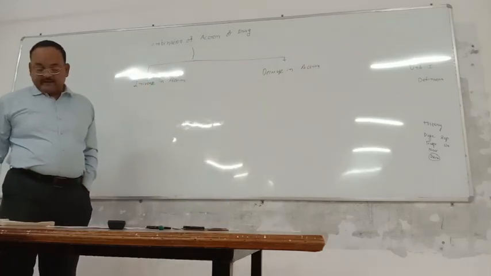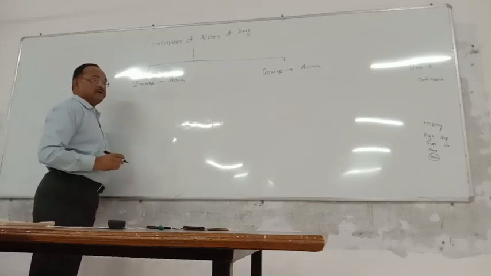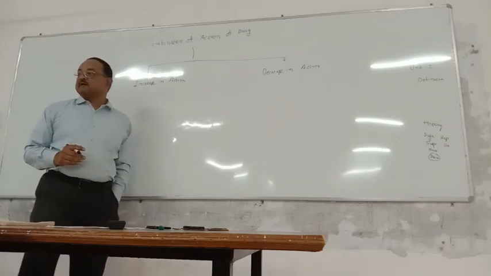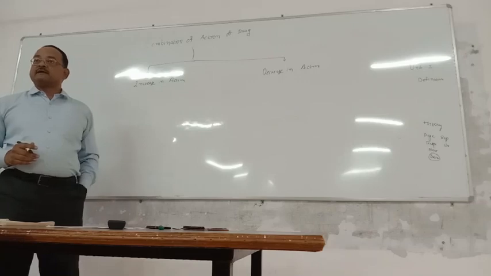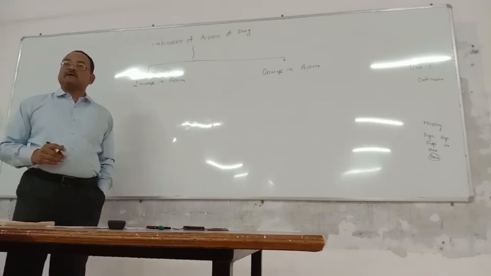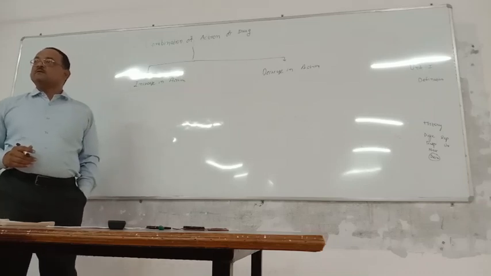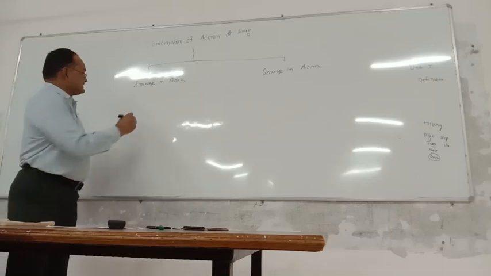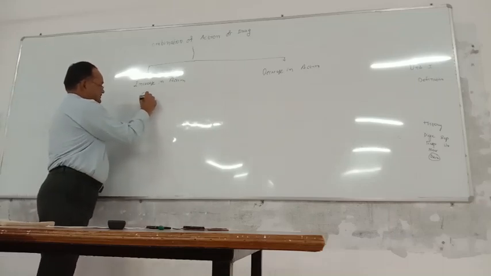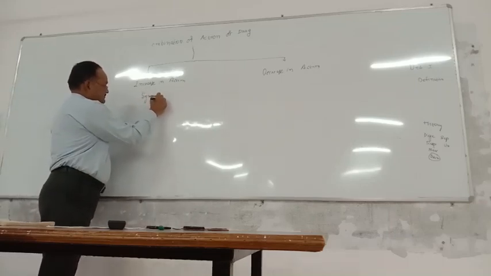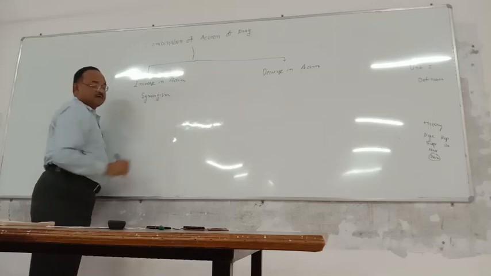Now, in increase in action, when you give the two drugs together, they produce an increase in the action as compared to when you give the drug individually. So that is known as synergism. Drug synergism.